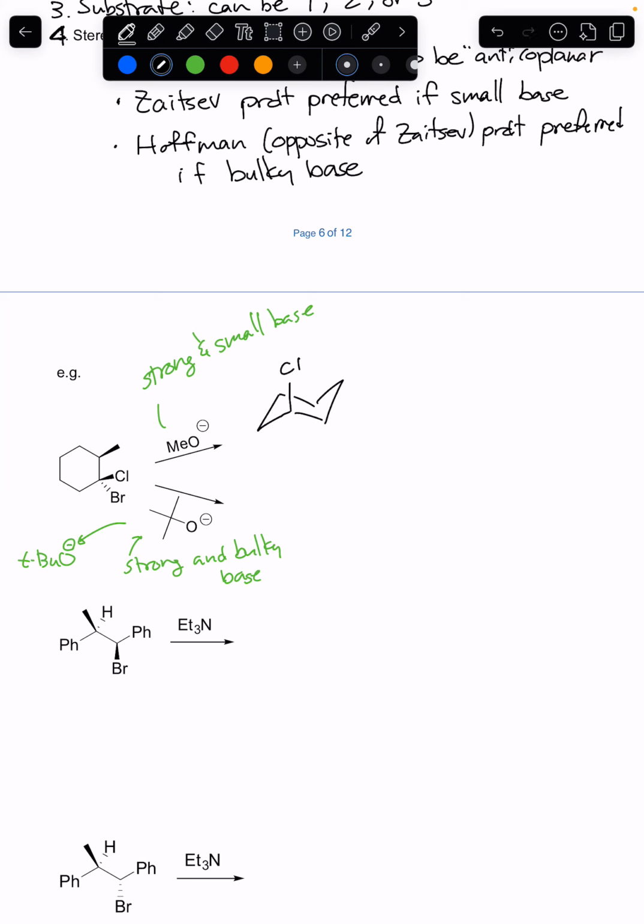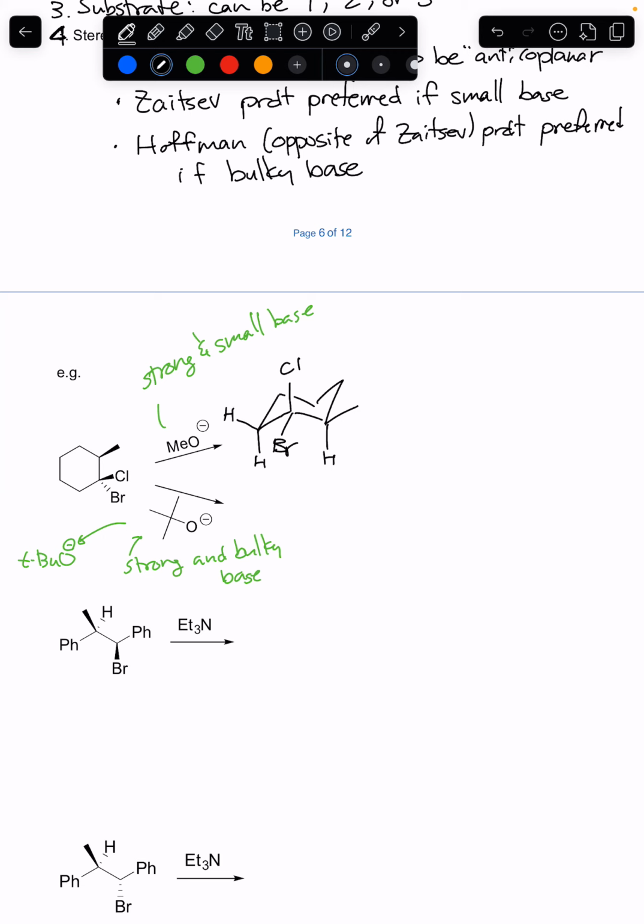So for that reason, I'm going to draw the chair here, and here's the methyl group. Here's the bromine. Hope that makes sense that this is the most stable conformation of the chair, and I'm going to draw some potentially relevant hydrogens on the adjacent carbons.